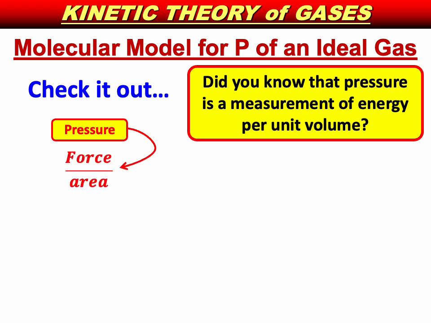So if you have a lot of force that's concentrated in a tiny area, like if you were to take a pen or pencil and put the pointy end on a piece of paper, it's going to be a lot of pressure. Now, you don't even necessarily have to exert a lot of force, but it's a tiny little area, and there'll be enough pressure to punch a hole in that paper.